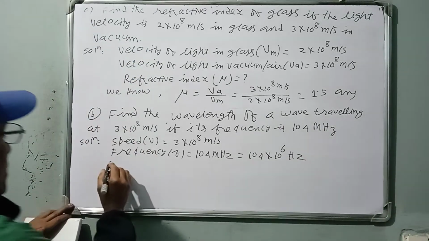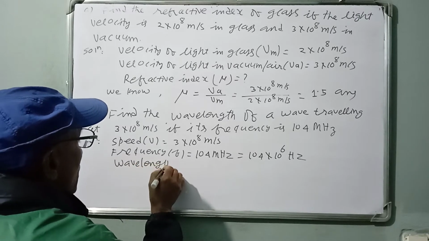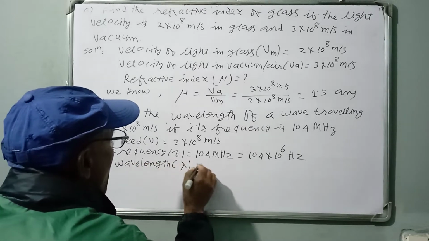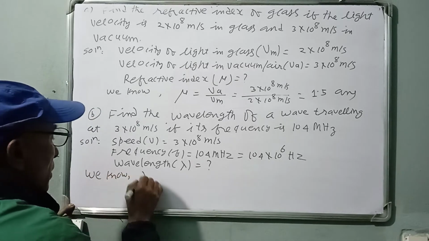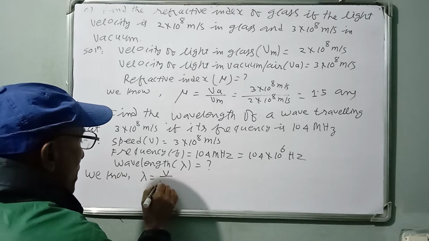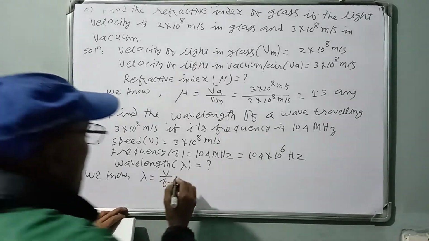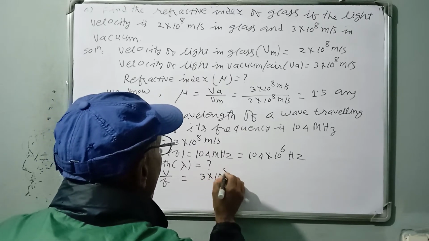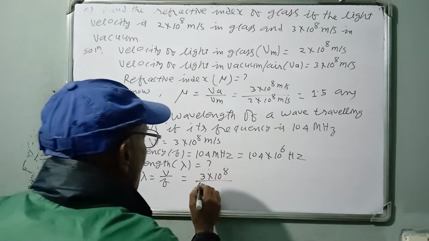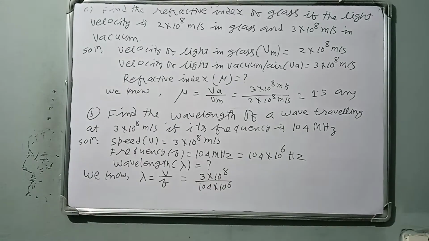And what is to find? Wavelength. Wavelength lambda equal what? We know lambda equal v by f, velocity by frequency. Derived formula. Velocity value 3 into 10 to the power 8. Frequency 104 into 10 to the power 6 hertz.